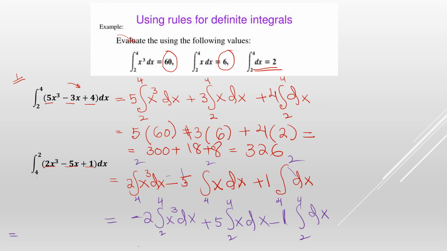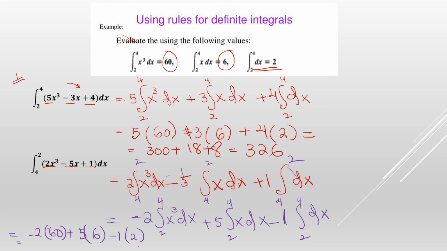Now write down the values and calculate. Negative 2 as it is, the integral of x cube dx from 2 to 4 is 60, plus 5 as it is, the integral of x dx equals 6, then negative 1 as it is, and the integral from 2 to 4 of dx is equal to 2. Now calculate it.